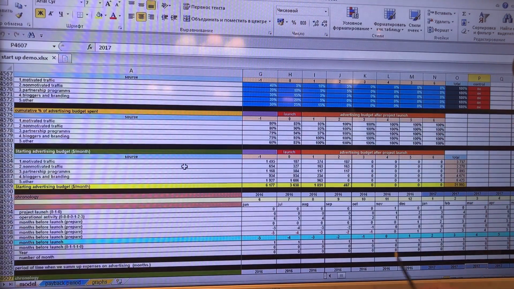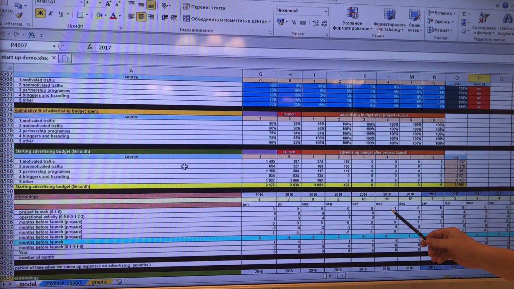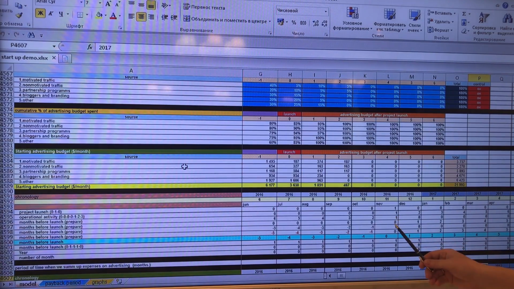So here we have November 2016. We have 1 in this cell demonstrating that we started our operational activity. Here on the right, the computer counts operational activity 1, 2, 3, 4, 5, and so on.